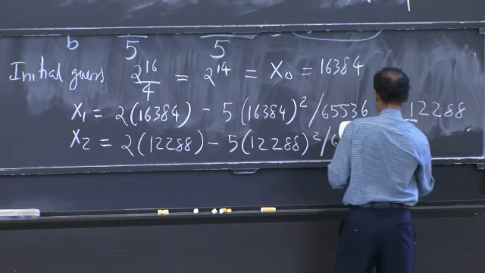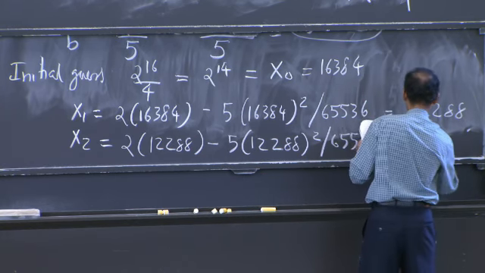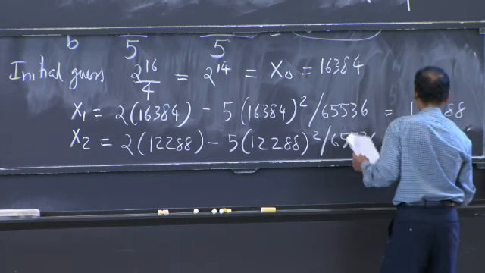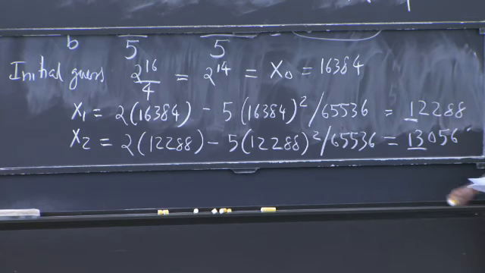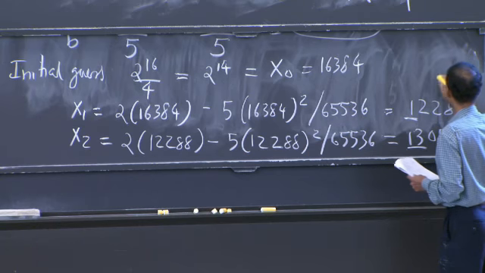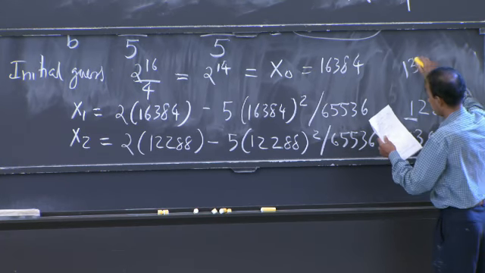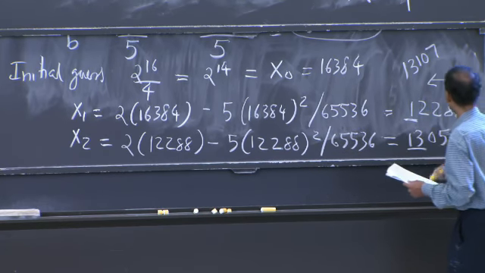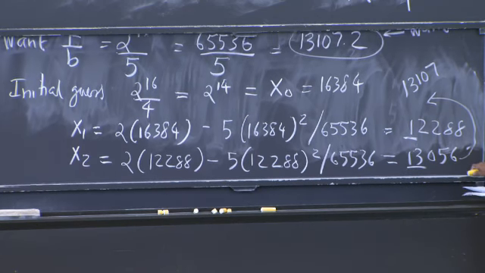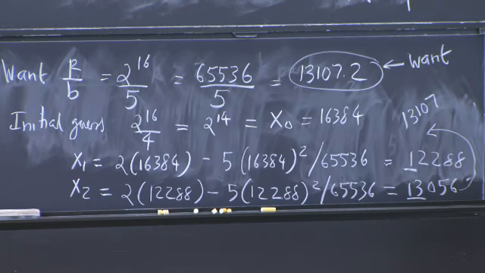And this division is easy. It's a shift. You get to 13056. And I won't write this whole thing out, but if you take that, the next thing you get is 13107. So as you can see, there's rapid convergence here.